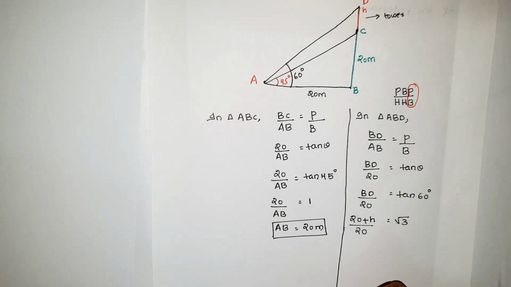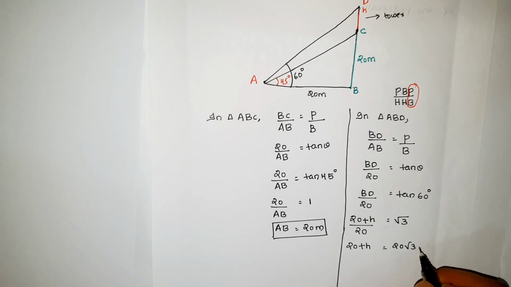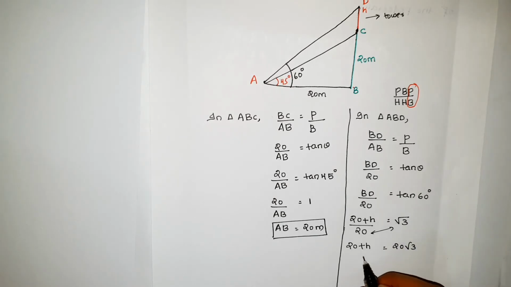So 20 plus H is equal to 20 root 3. So how can we find the value of H? H is equal to 20 root 3 minus 20.